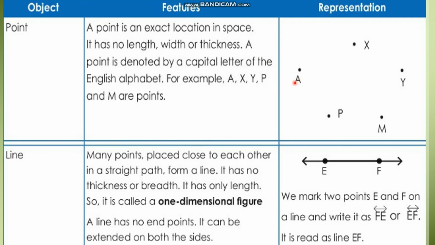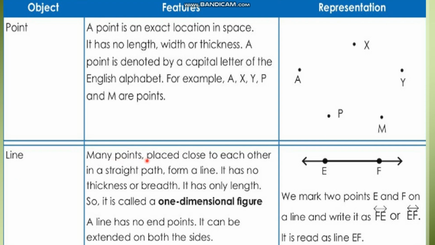For example, here this is point A, and we can read the others as point P, point M, point Y and point X. Keep in mind, a point has no dimensions: no length, no width and no thickness. Now we are moving to line.